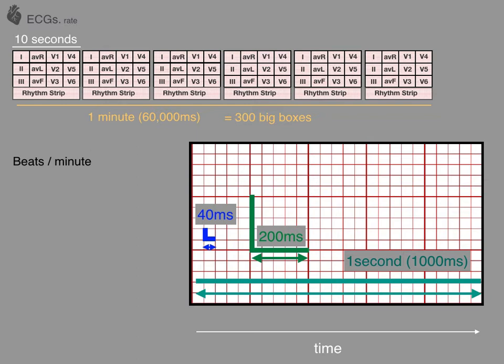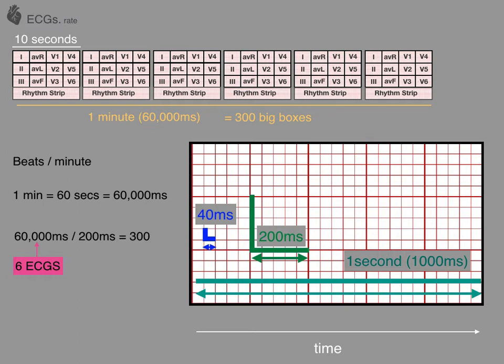When we're talking about rate, we're looking for a value in beats per minute. 1 minute equates to 60 seconds and therefore to 60,000 milliseconds. If we take our 60,000 milliseconds, that's the length of time of 6 ECGs in total.